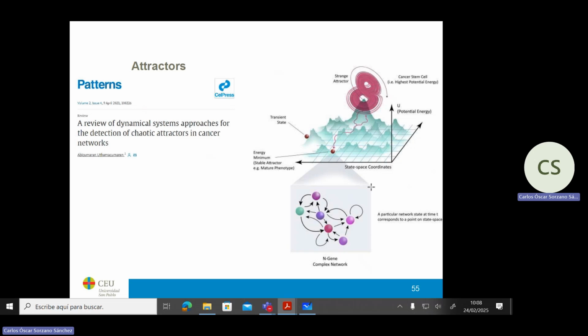If you perturb it a bit, normally you go back to your healthy state again. But if you perturb it too much, you may enter these kinds of chaotic trajectories, and some people are relating chaotic trajectories to cancer.